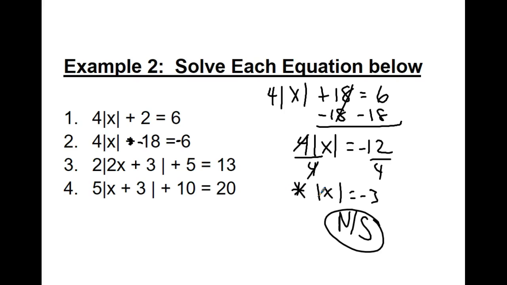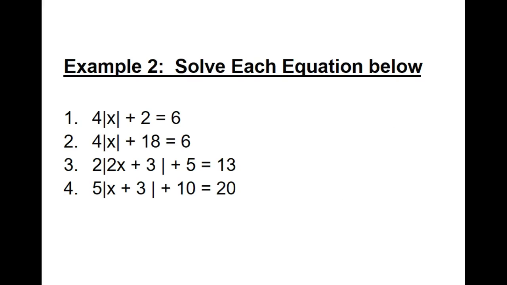All right, let's go ahead and write down number 3. Number 3 has no solution? Really? I think it might.